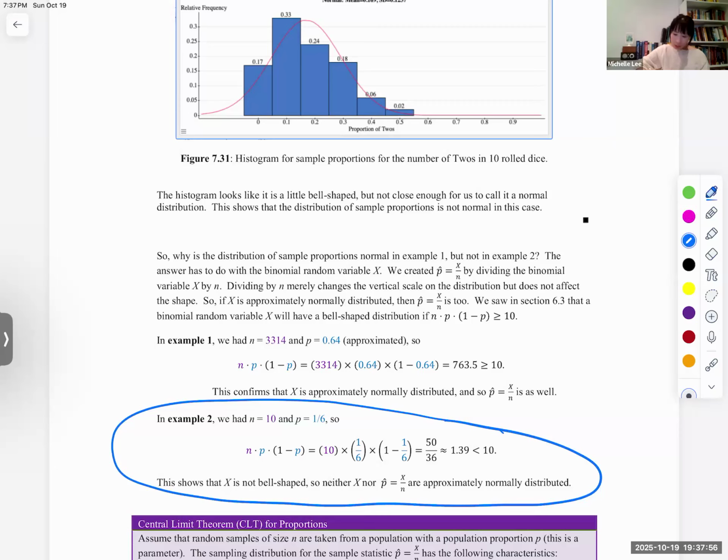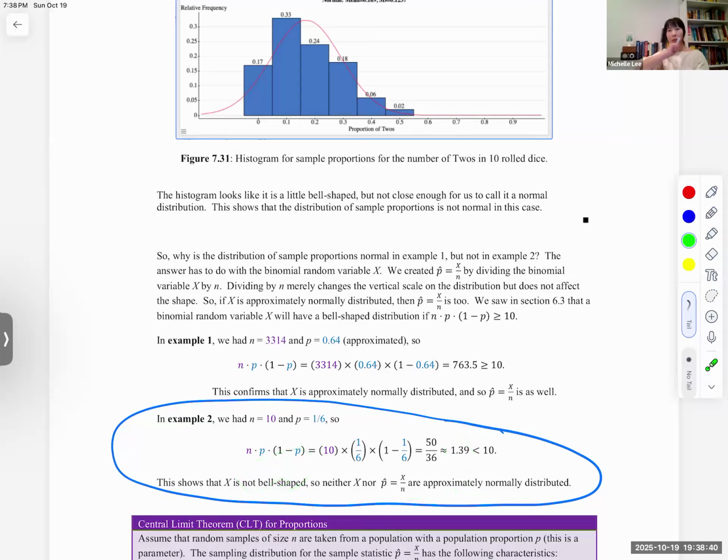So n is 10, and the probability p is 1 out of 6, which is 0.1667, and 1 minus p is the remainder. They calculate and we get 1.39, which is less than 10. So this is non-normal, okay?